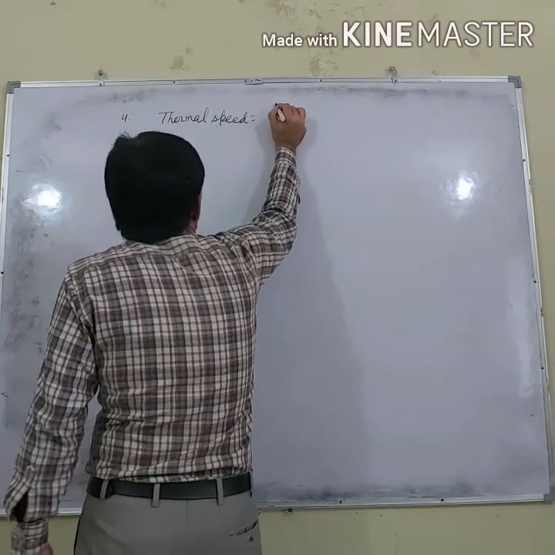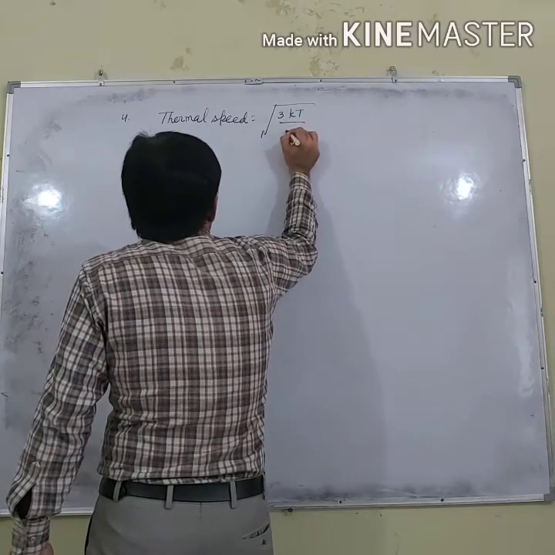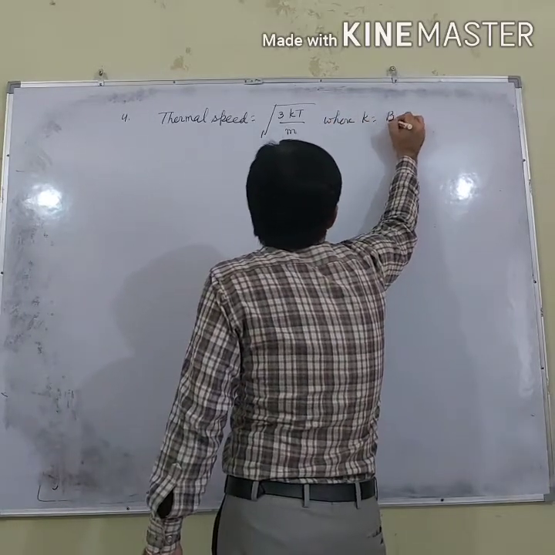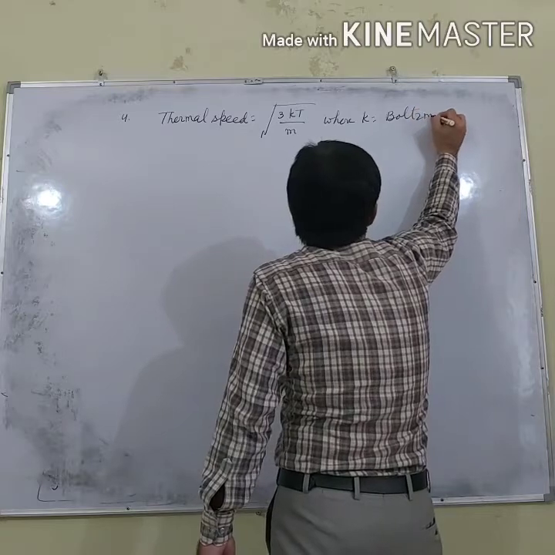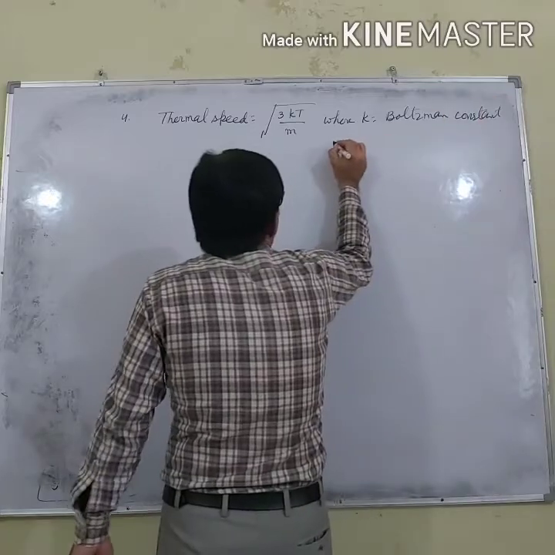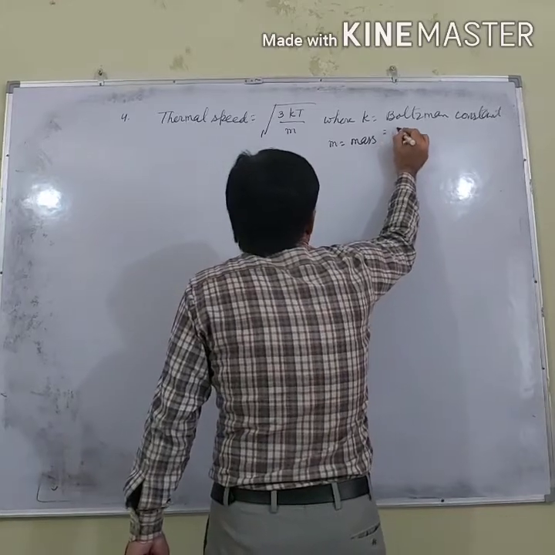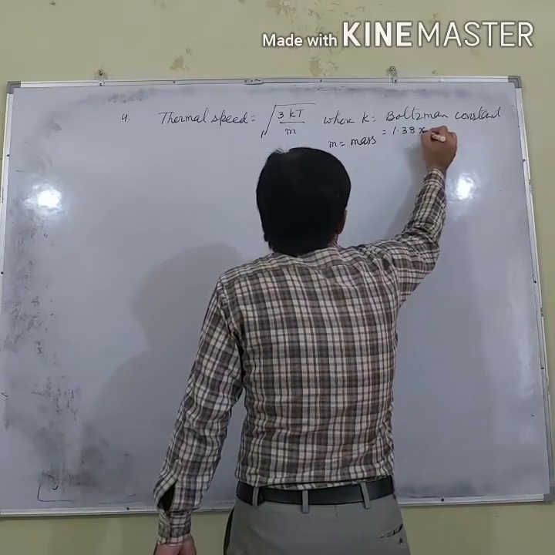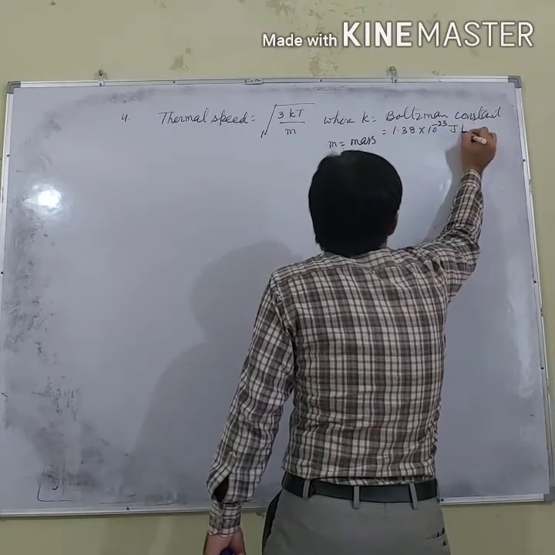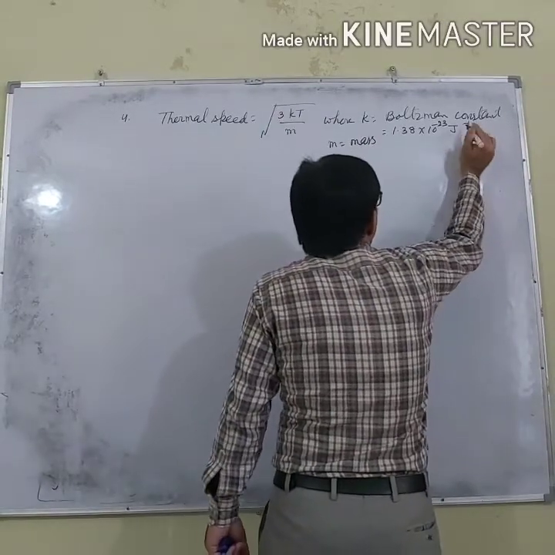It is given by under root 3kT over m, where k is Boltzmann constant and m is the mass. What is the value of the Boltzmann constant? 1.38 × 10^-23 joule per Kelvin. This is joule per Kelvin.